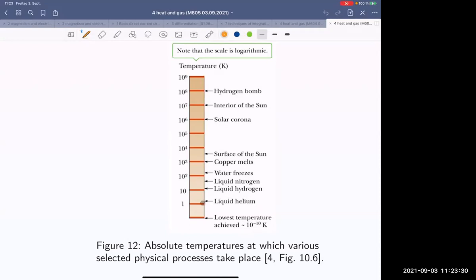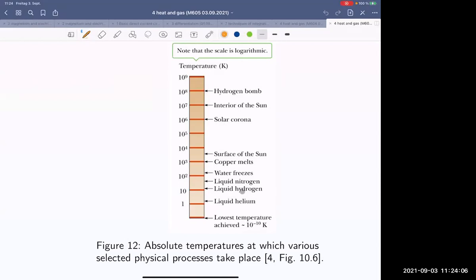If you go further, at around 20 Kelvin, hydrogen, H2, which is usually a gas, changes its phase from gas to liquid. Let's consider another gas, which is nitrogen.